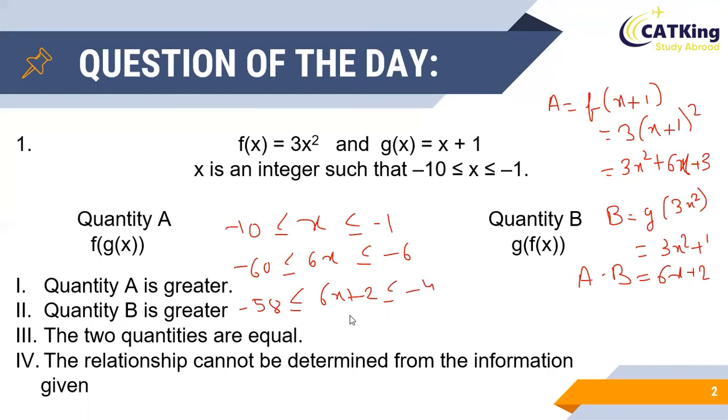Thus, we see that for all values of x, 6x plus 2 is always negative. That is, A minus B is always less than 0, thus giving us A is less than B for all values of x, thus giving us option 2 as the correct answer.